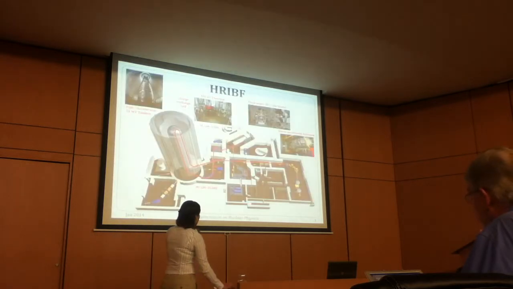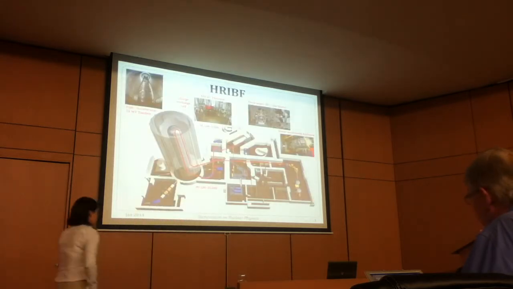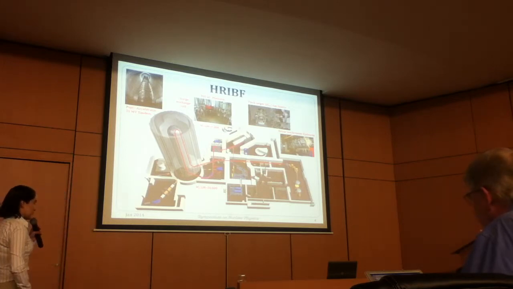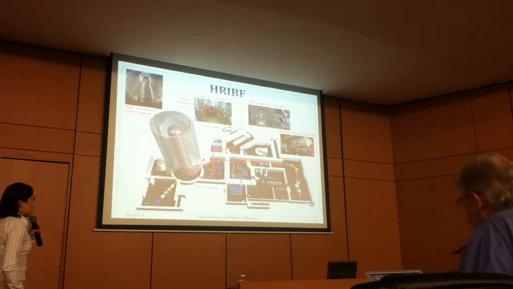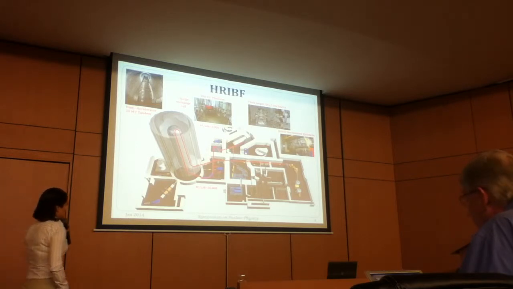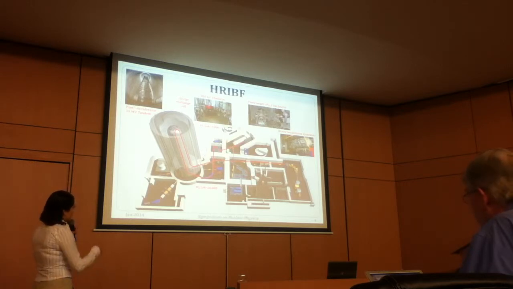The experimental data that I will be talking about were taken at the Holifield Radioactive Ion Beam Facility. That is the typical example of an ISOL facility. The neutron-rich radioactive nuclei in this laboratory were produced by induced fission of a uranium carbide target.